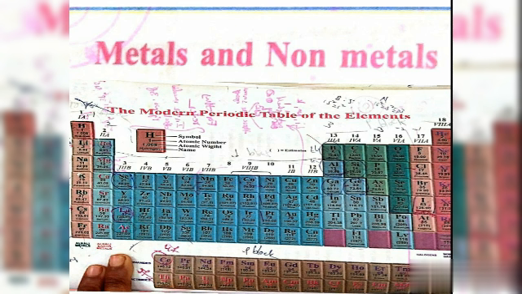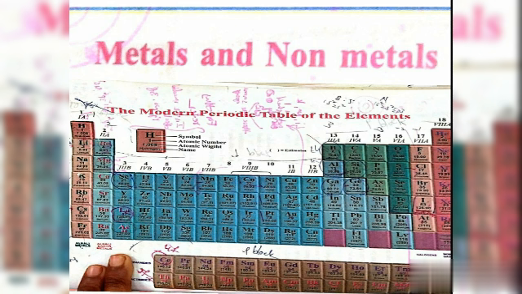Next, in the case of actinides, there are also different arguments. Some say actinides are from thorium to lawrencium, thorium with atomic number 90 and lawrencium with atomic number 103. Others take actinium to lawrencium, actinium 89 to lawrencium 103.